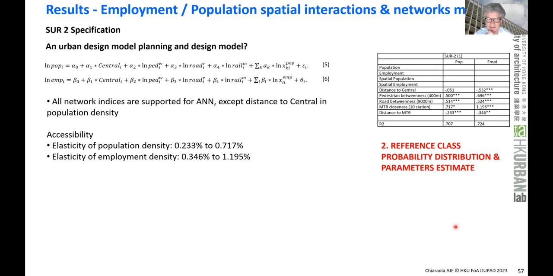Then we can use those elasticities in relationship to accessibility to predict, or to validate as a better word. We're not really predicting, but we test a little bit the proposal to understand the realism of that proposal.